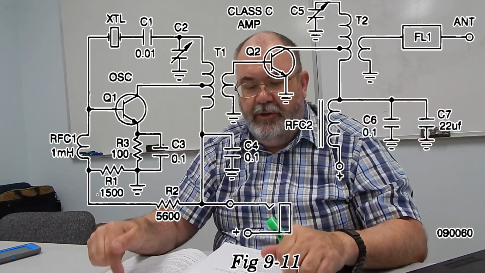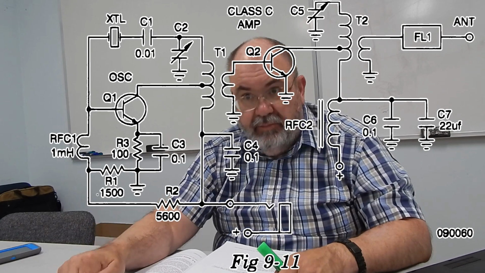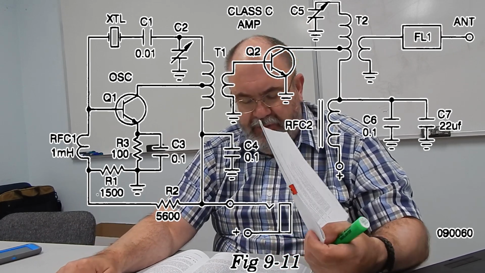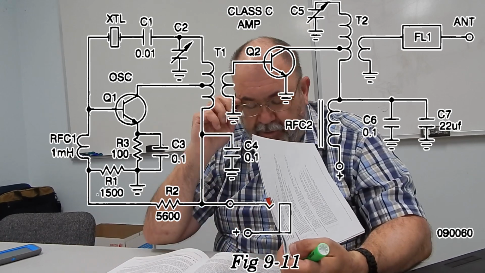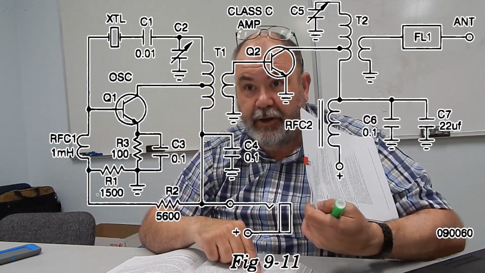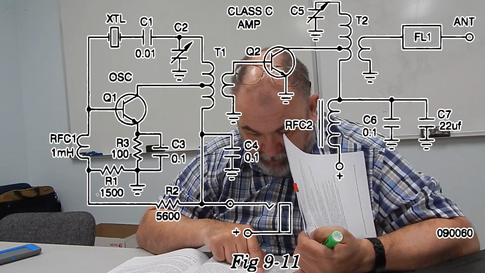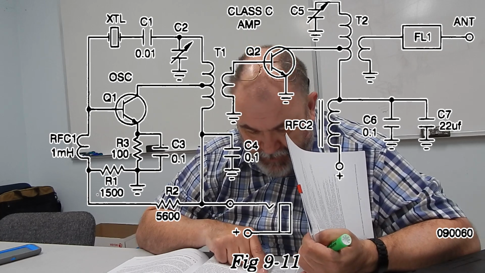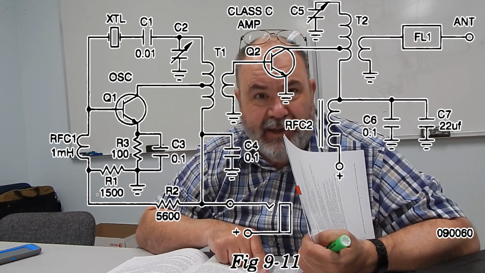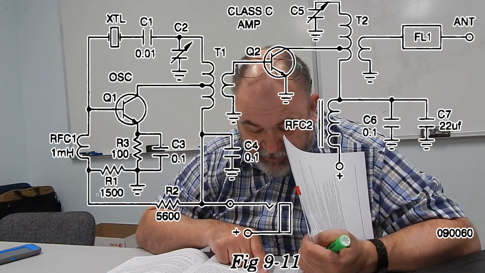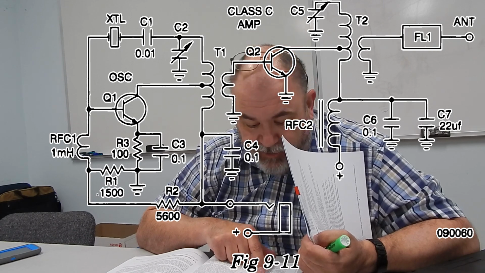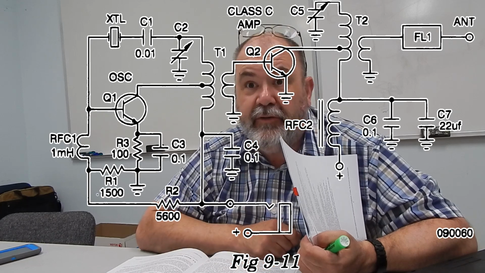Your key that you plug in to turn the darn thing on and off, down in this particular schematic diagram, if you look on the very bottom where it says figure 9.11, just before the words Fig 9.11, that's the key. Okay? And notice what the key is doing: you see the little plus sign there? The key is actually applying power to the oscillator.